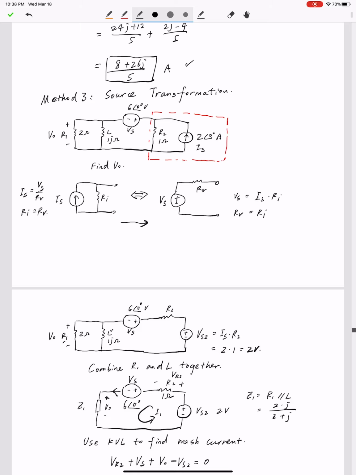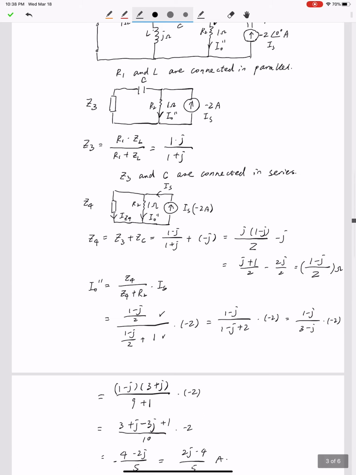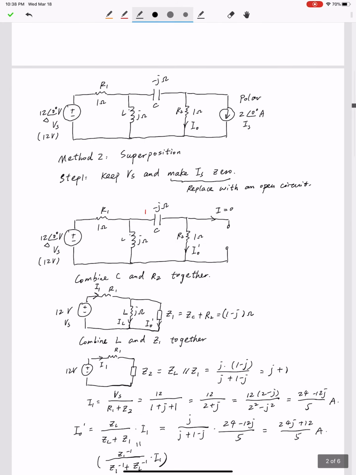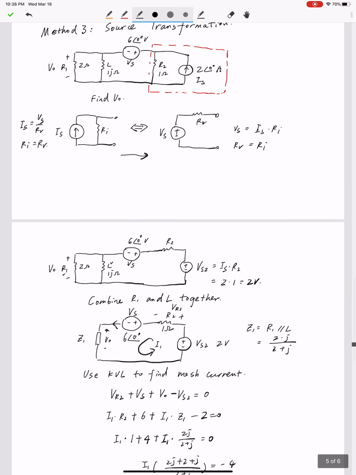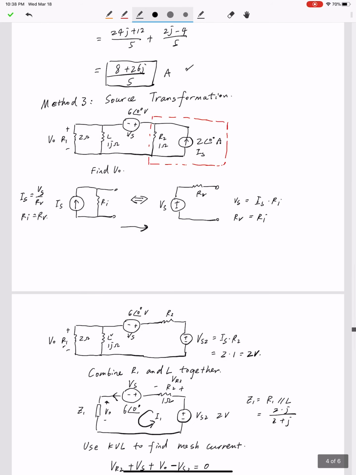In other words, all DC circuit analysis methods, such as mesh analysis, superposition, and source transformation, which we introduced in this lecture, are feasible to solve these AC circuits.